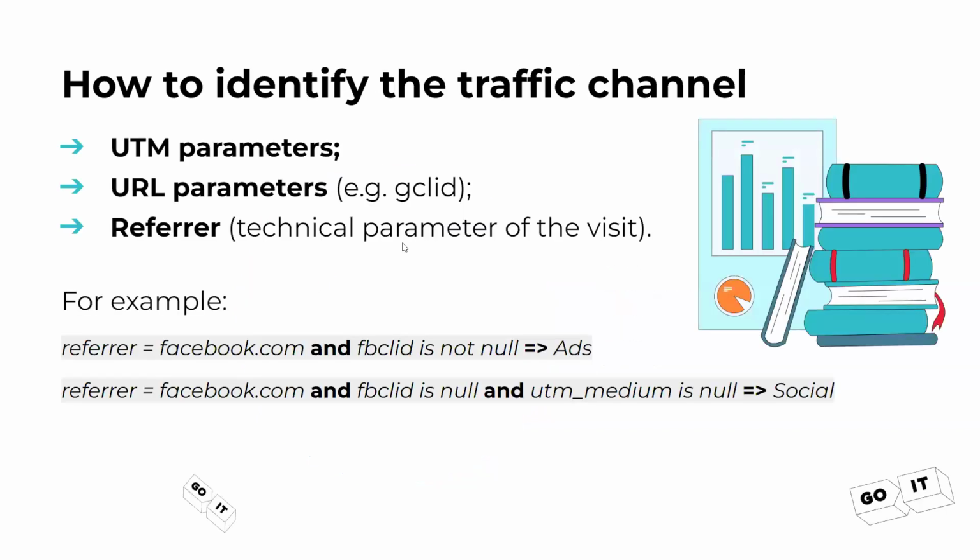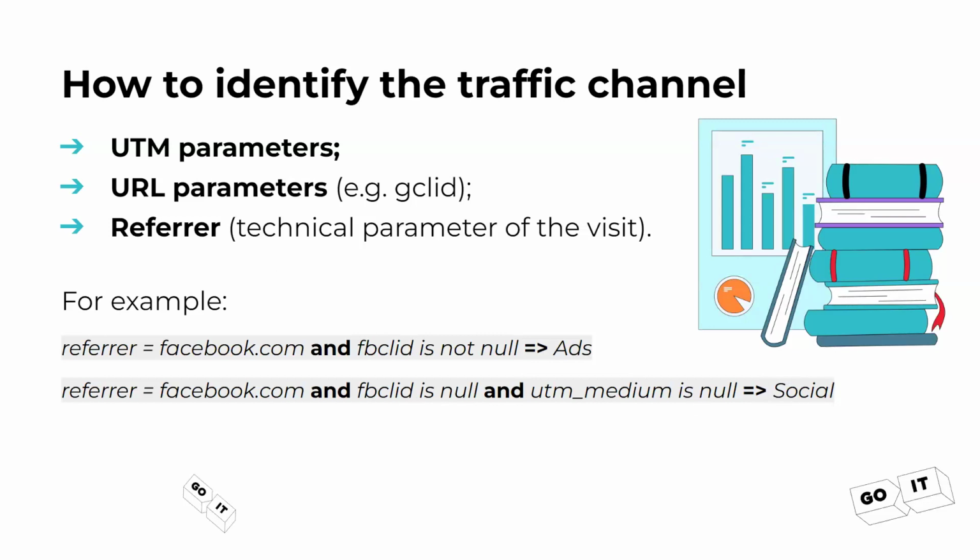So how do we identify the traffic channel? For example, for this one, we have the referrer facebook.com, and the FB click ID is not null, then it's from an ad. And if the referrer is Facebook and the FB click ID is null and the UTM medium also is null, then it is social.